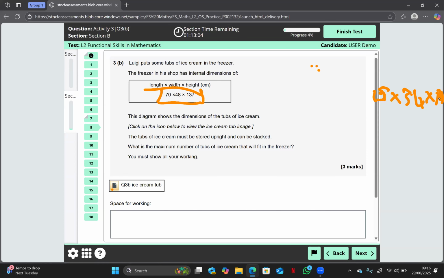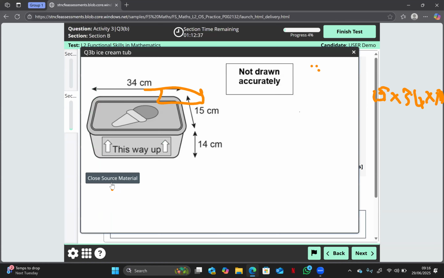Let's find the figure. What is the maximum tubs that will fit in the freezer? Let me open the image, sorry. Yeah, so this way up here, that's the height, that's the length, and that's the width.